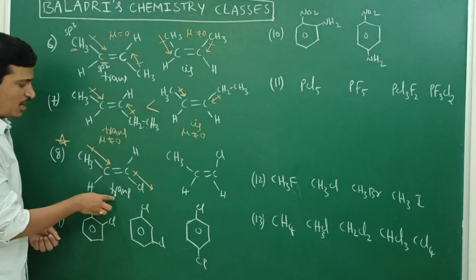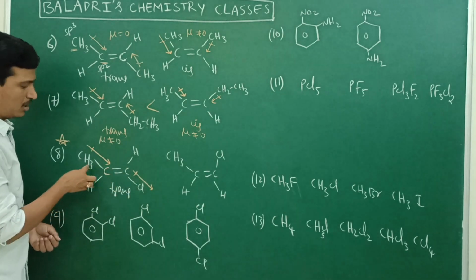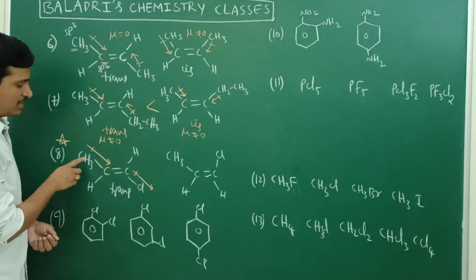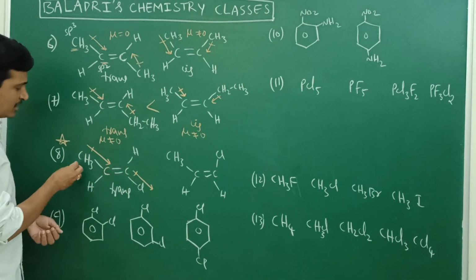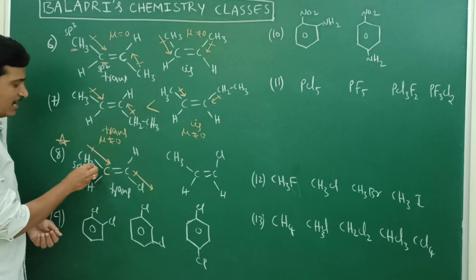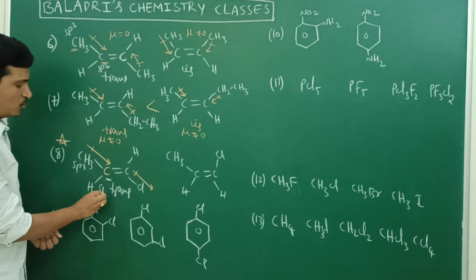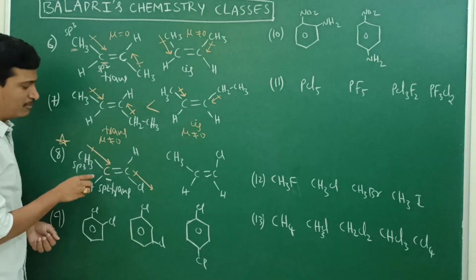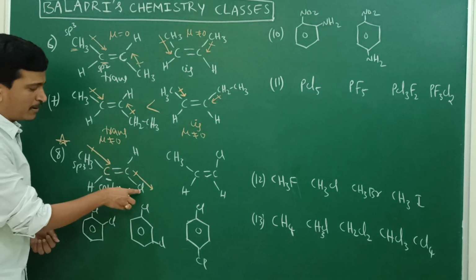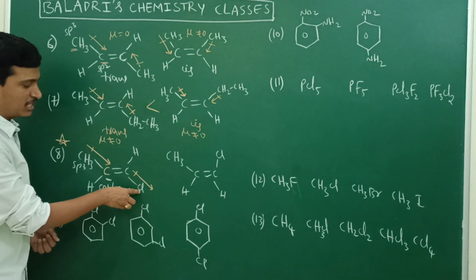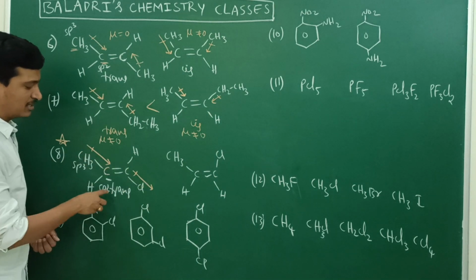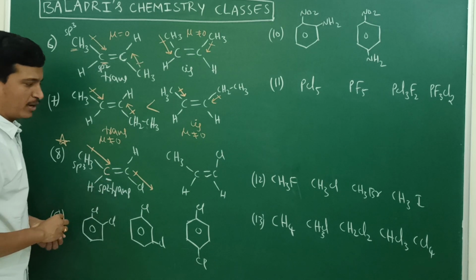Now in this trans molecule of 1-chloropropene, both the vectors are in the same direction, because this is an sp3 carbon, you know that already, and this is an sp2 carbon. The sp2 carbon is more electronegative than sp3. That's why the dipole moment vector will be towards the sp2 carbon. Between carbon and chlorine, chlorine is more electronegative. That's why the dipole moment vector will be towards chlorine. So now both the vectors are in the same direction. That's why trans will have more dipole moment.